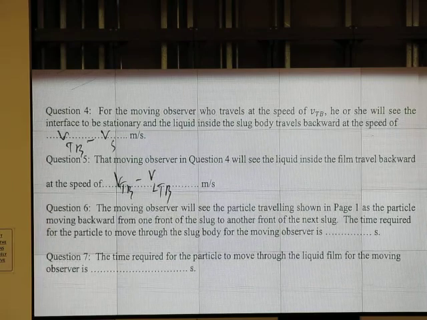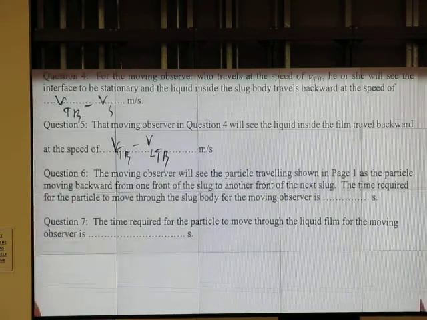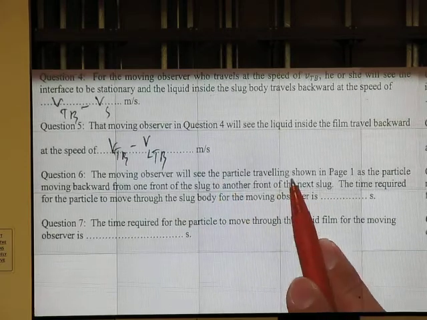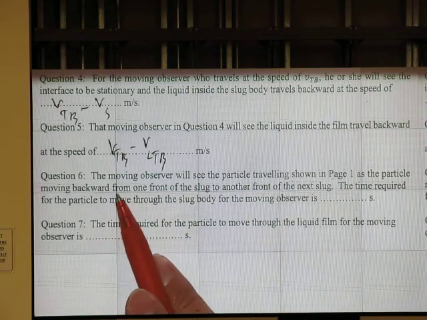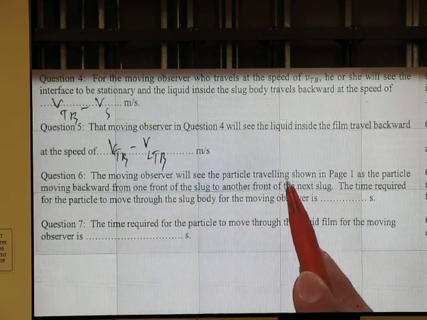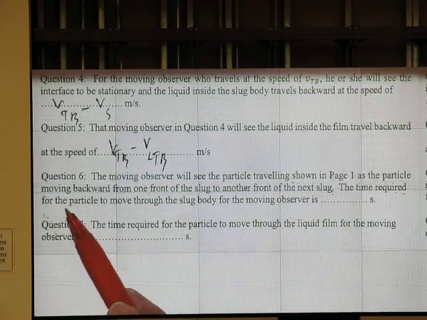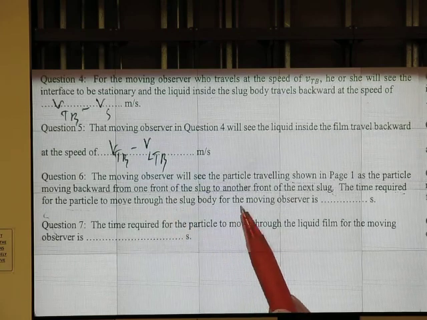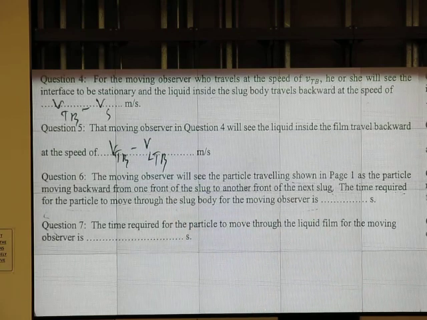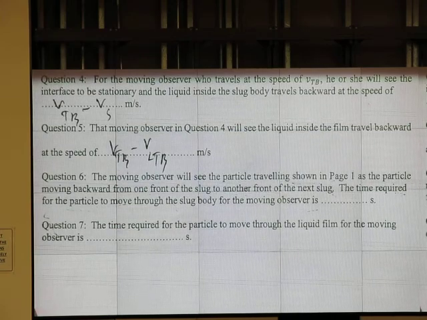VTB minus VLTB. Question 6. The moving observer will see the particle travel shown in page 1 as the particle moving backward from one front of the slug to another front of the next slug. The time required for the particle to move through the slug body for the moving observer is what?